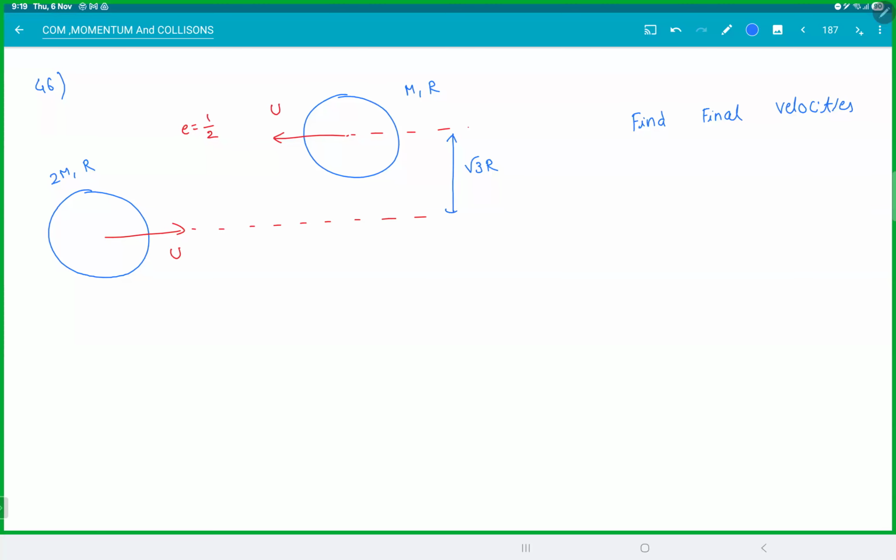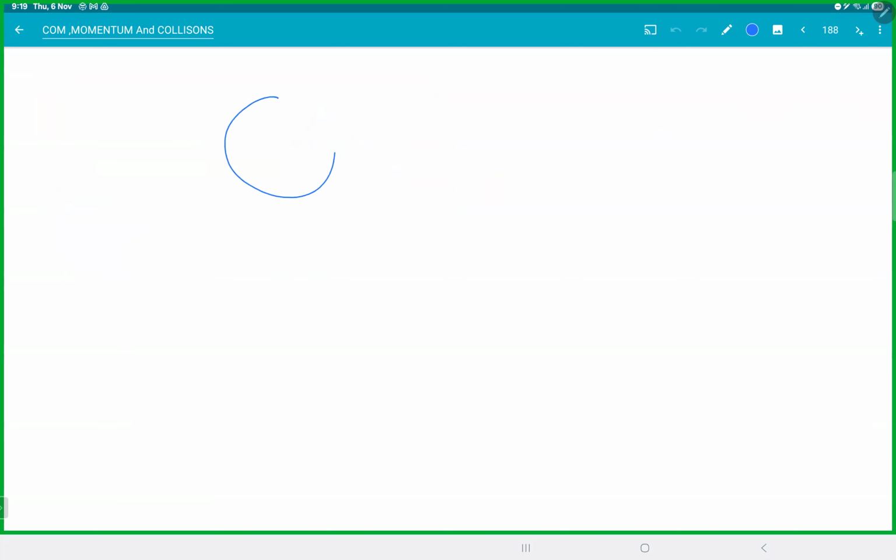Any answers? Do you guys get the angle? Let's see. So when they touch each other, that is 2R.